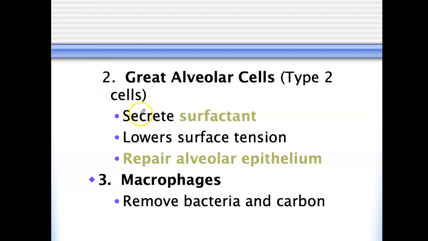The third type of cell are macrophages, and this is an entryway to the body. Remember, you have air coming in. It could be coming in with bacteria and carbon, all sorts of nasty things. So you have macrophages. These are specialized cells that are going to patrol and remove nasty stuff.